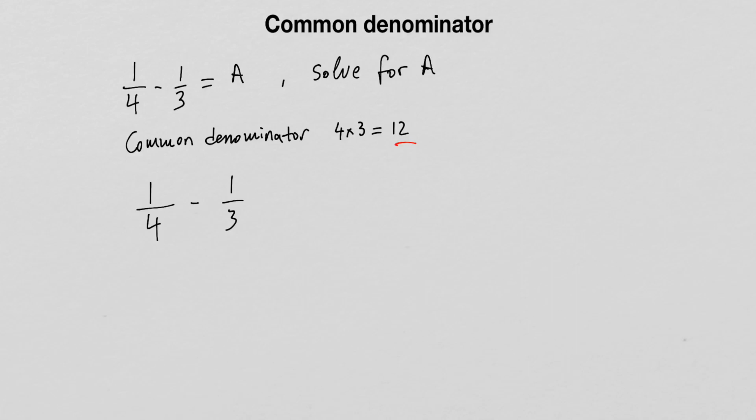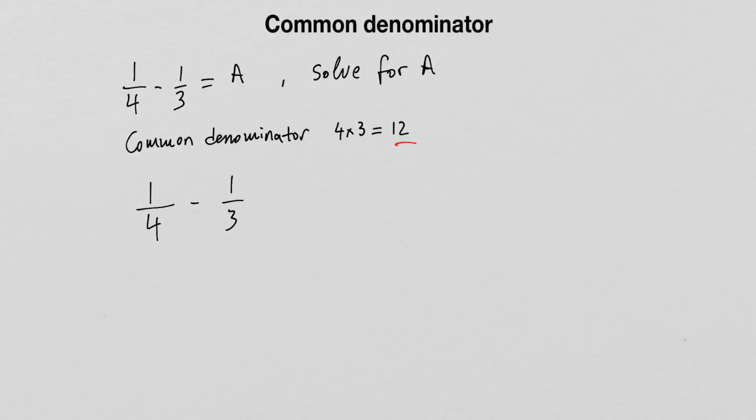However, if I just do that, that's going to completely change the two fractions, and then I am no longer dealing with the original problem here. So in order to not change the problem, I also must multiply the numerators by the same amount that I'm multiplying the two denominators.